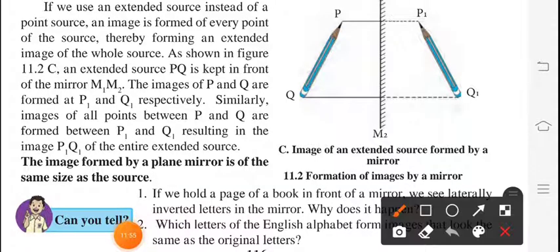Hence, we can say that the image formed by a plane mirror is of the same size as the source. Whenever we consider a plane mirror, whatever shape and size the source has, we get the same in the image.